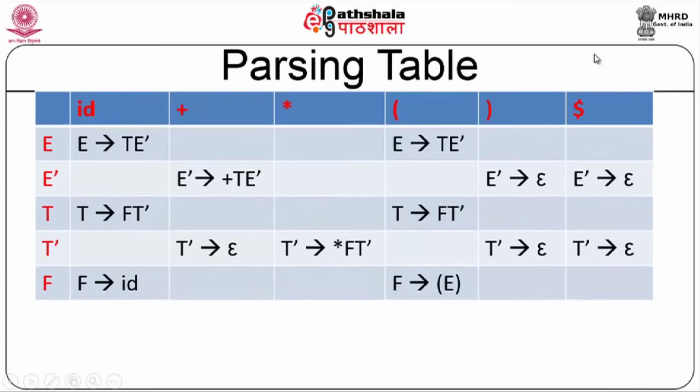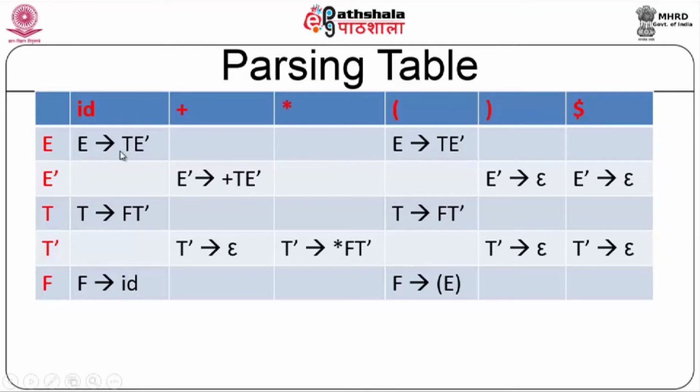This is the parsing table corresponding to your expression grammar, where you had the non-terminals E, E dash, T, T dash and F, and the first of E, first of T and first of F will consist of ID and open parenthesis. So, at the intersection of these you add the corresponding productions.